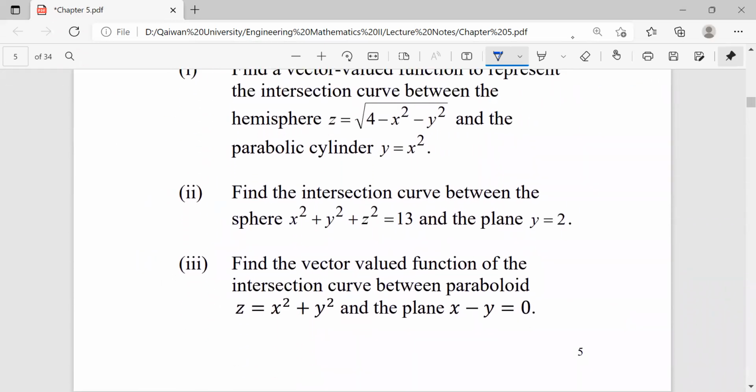For the second example, it says find the intersection curve between the sphere and the plane y equals 2.